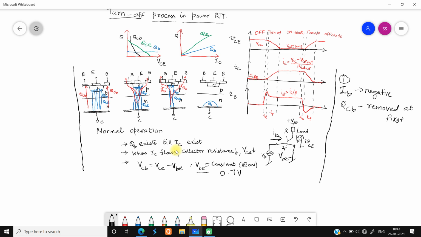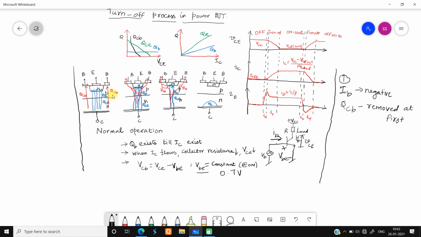Since QCB is removed first, and since the QCB is being reduced, the QB and QCE will also start to decrease. So at first the QCB will be decreased.